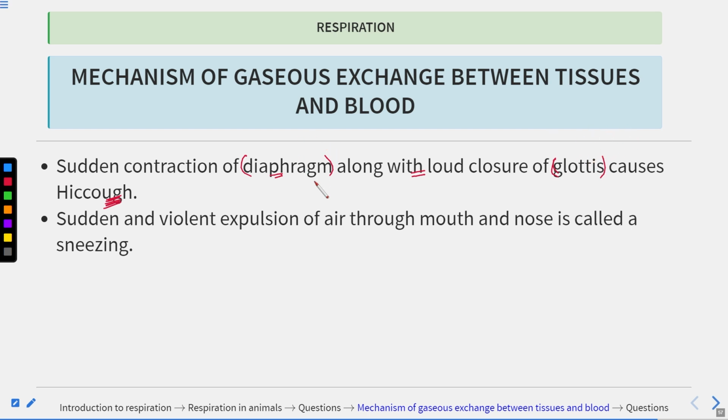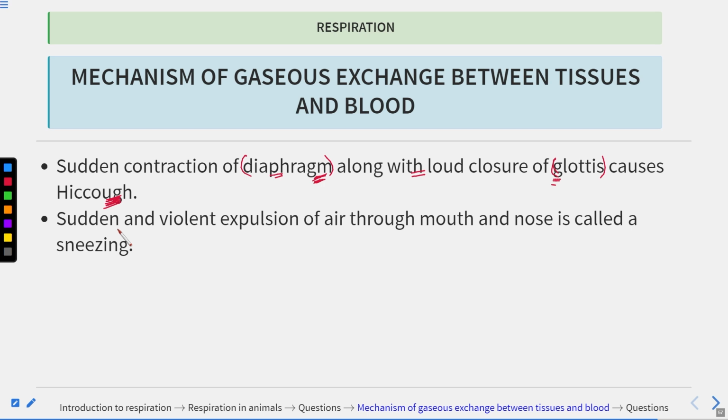The diaphragm is a structure that separates the thoracic cavity from the abdominal cavity, and it also plays a role in exhalation as well as inspiration. So there is a sudden contraction of the diaphragm which leads to a very loud closure of the glottis, and this is called hiccups. You can easily get rid of hiccups if you drink hot water.